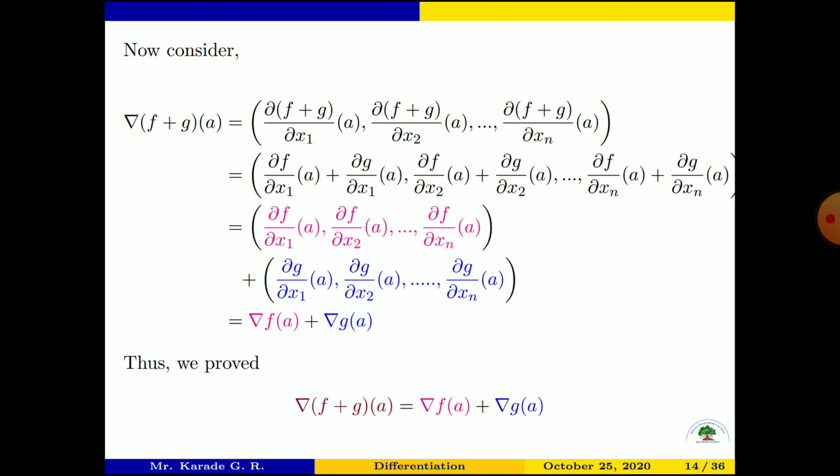Thus we proved that the gradient of f plus g at point A is equal to the gradient of f at A plus the gradient of g at A. So thus we have proved the first identity.